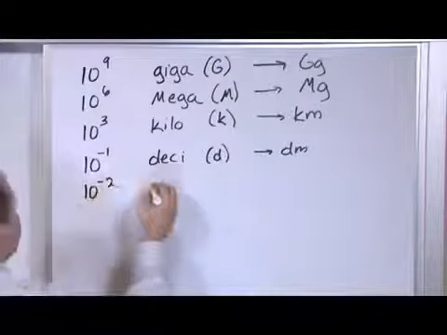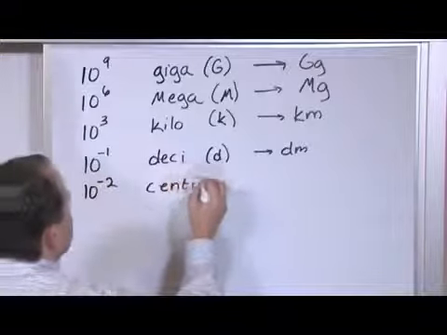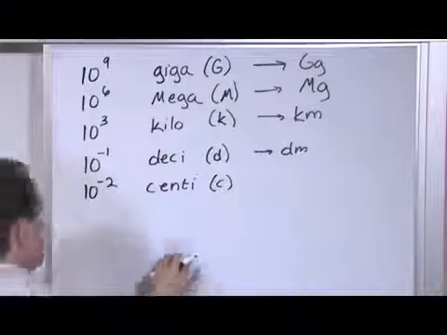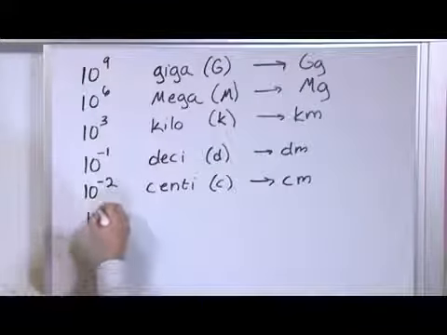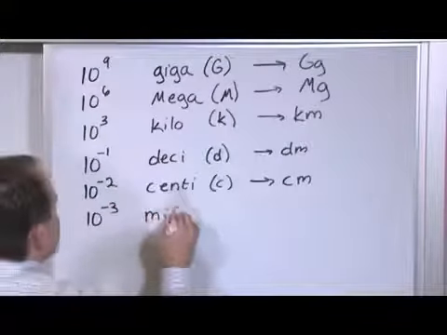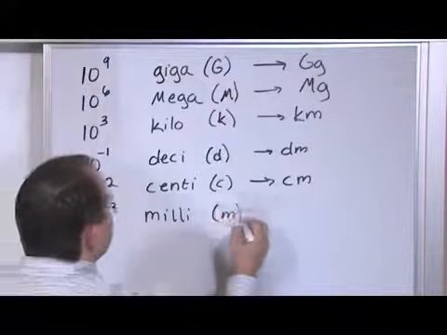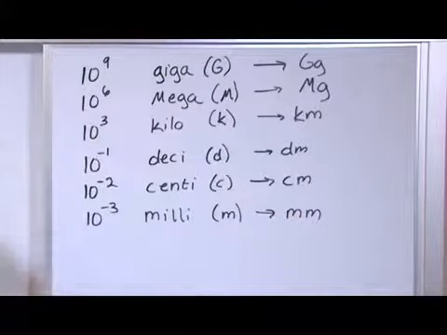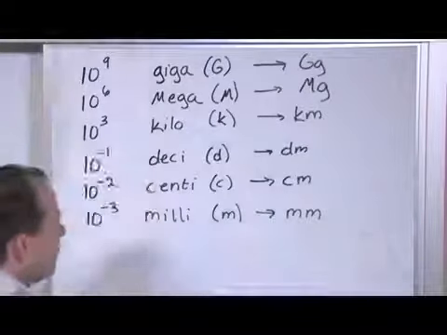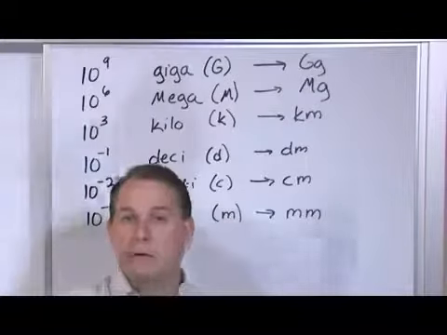10 to the minus 2 is centi. We talk about C of something, so we might have centimeters as an example. Then we go 10 to the minus 3 for milli. We might have a millimeter. So we've talked about those. But I keep talking in terms of meters, but this could be millisecond. Probably a lot of you have heard about that.